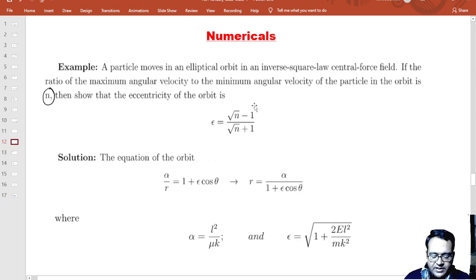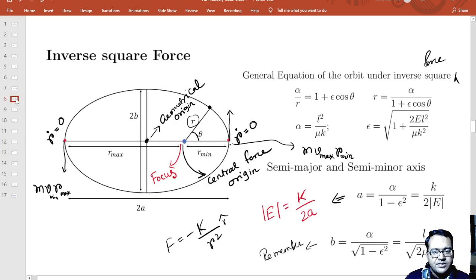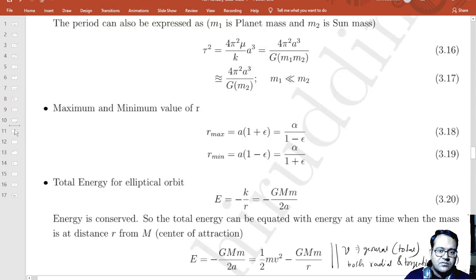Whenever in an elliptical orbit there is a maximum r, maximum and minimum velocity, maximum and minimum angular velocity, you just go to this figure, and your r max and r min are here. These are the two points where the velocity, angular velocity and radius vector will be at their minimum and maximum.